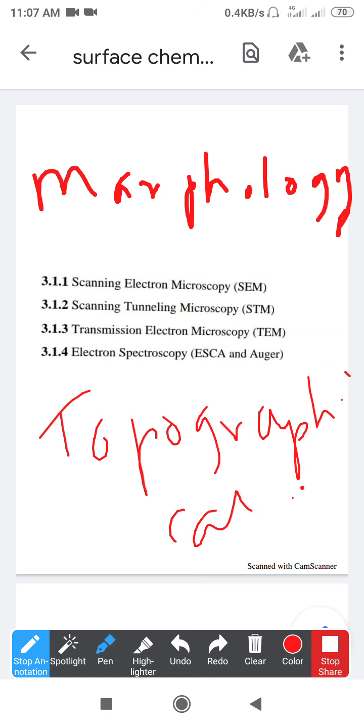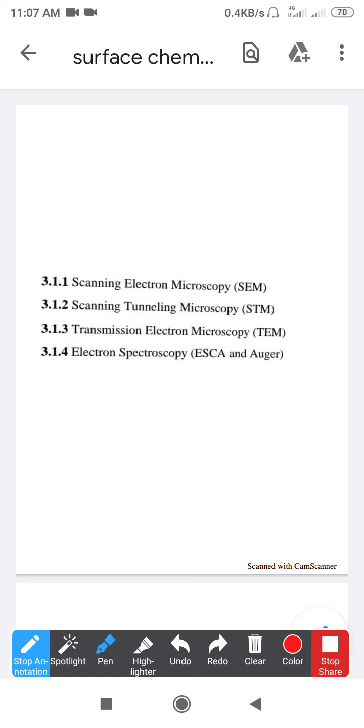The techniques which are useful for both morphological as well as topographical information are useful in surface characterization. In order to understand the various techniques, first of all we need to understand why we actually need to analyze the surface. Why is it necessary to first analyze our surface?